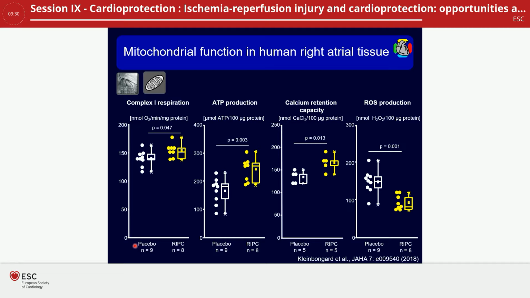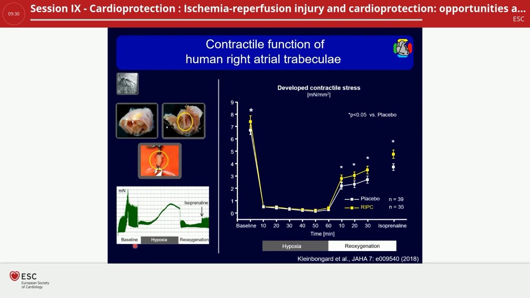And as you can see, a variety of mitochondrial parameters became better in those patients. Respiration at complex 1, ATP production, calcium control were better in remotely conditioned patients, and ROS production was less. And this was also associated with better function.